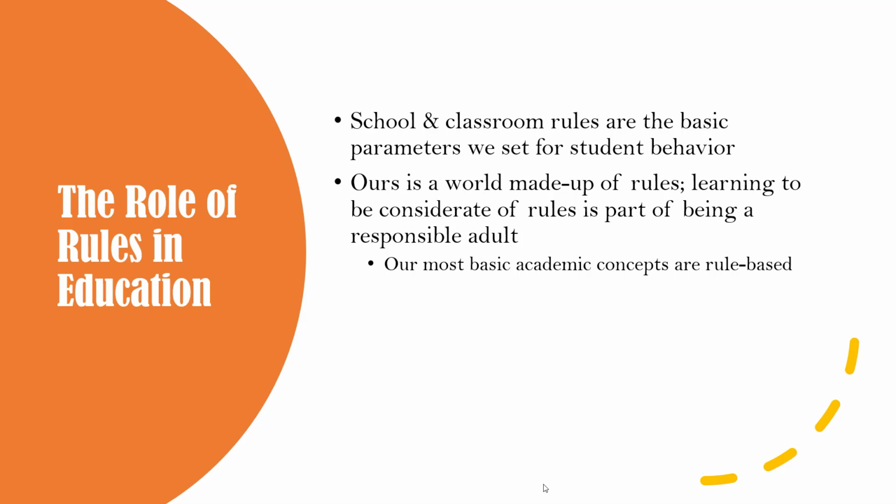Basically, our whole world is made up of rules, whether you want to accept that or not. But learning to be considerate of rules and following rules is really part of being a responsible adult. And a lot of our basic academic concepts are rule-based. Your math, with your equations and things like that, is very rule-based.